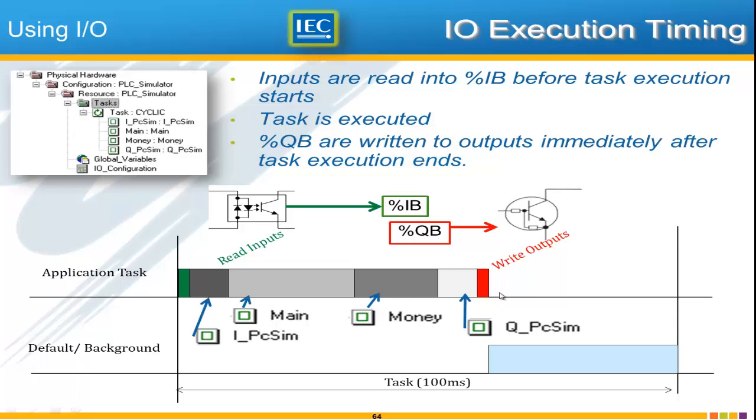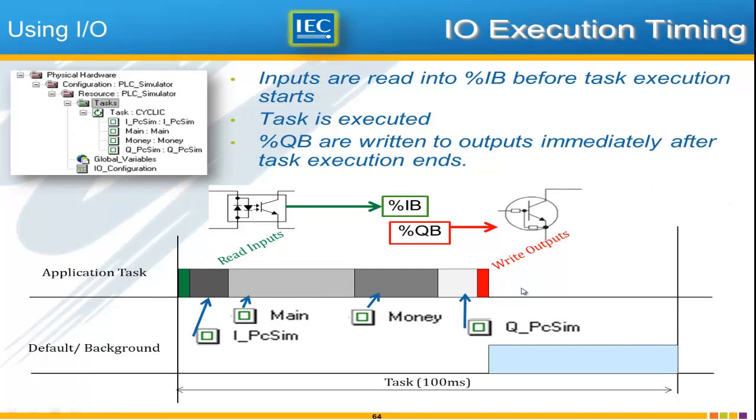And then, because of our I/O configuration, the outputs will be immediately written at the end of this last task, written into the modules. Once the task is done, the processor can go to the background task and take care of it. So this is what's happening over and over again. This is how a PLC works. And this is how inputs and outputs relate and are configured to operate in this task.